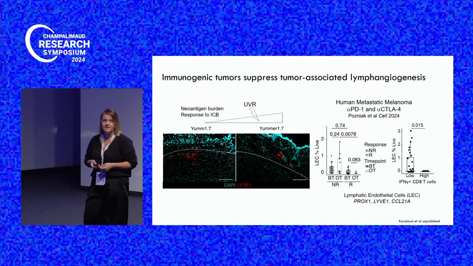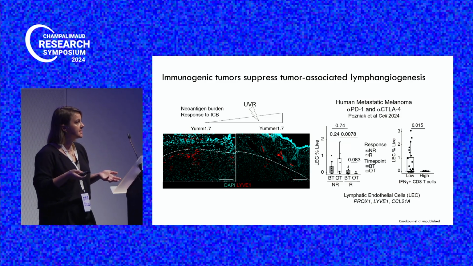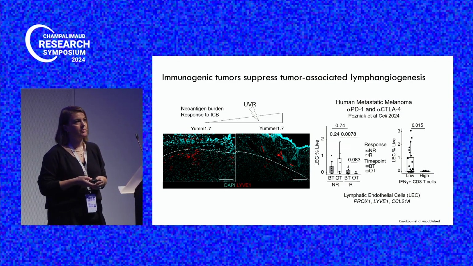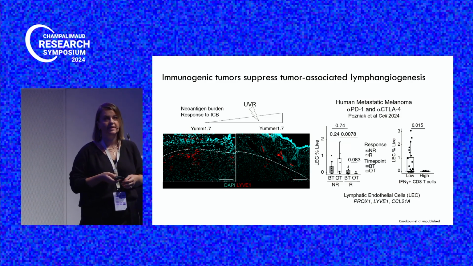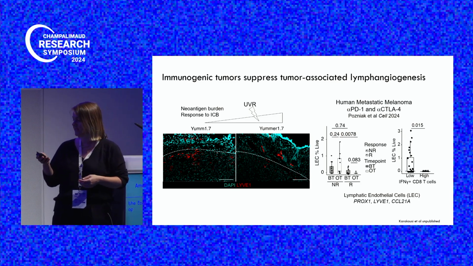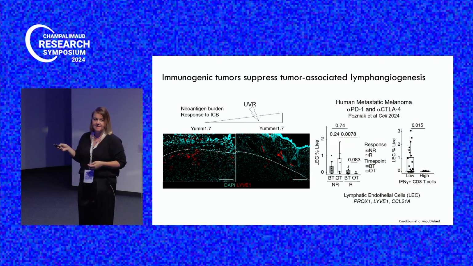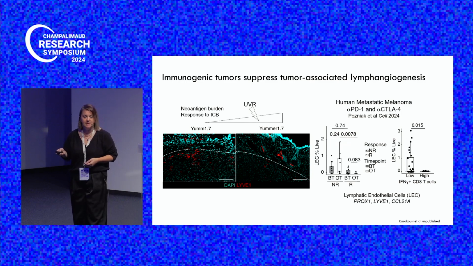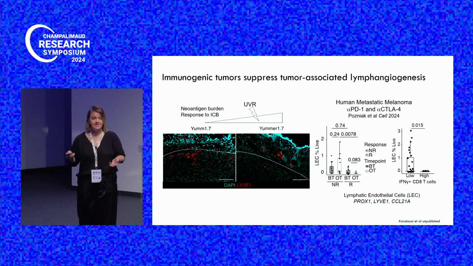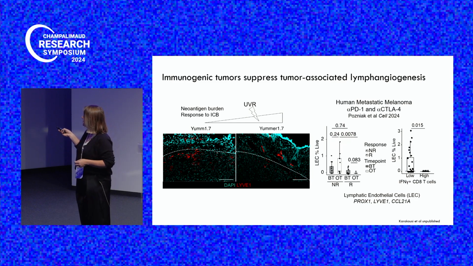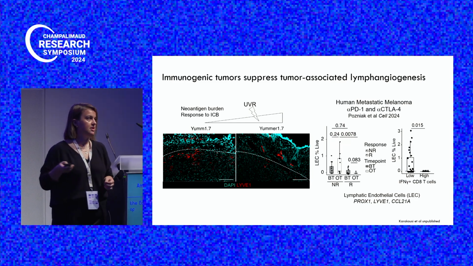And this aligned really nicely with single-cell RNA-seq data generated by Chris Marine at the VIB in Leuven, where he had found that when you look at patients that are responding to checkpoint blockade relative to those that are not responding, and you look at the abundance of lymphatic endothelial cells collected in these specimens, responders had, by and large, far fewer lymphatic endothelial cells, and that number further went down on treatment relative to baseline, with no change in non-responders.